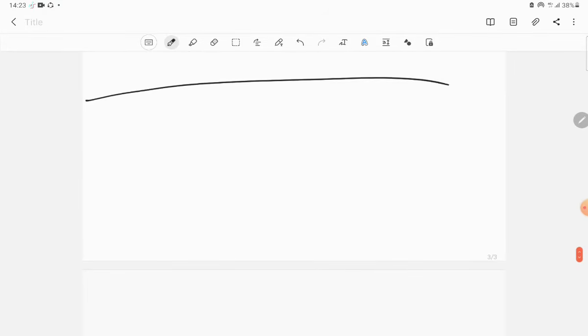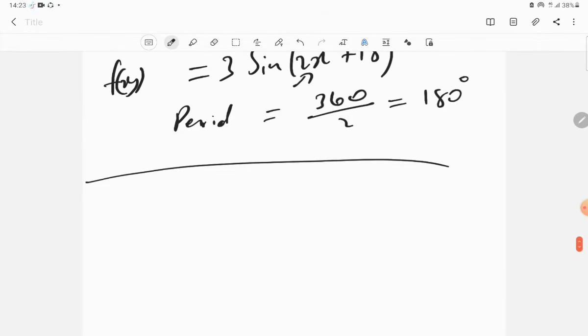Now we can look at other parameters, for example, if we are having g(x) equal to 2 sine x plus 4. If you are having that 4, of course, it shifts the graph vertically upwards.